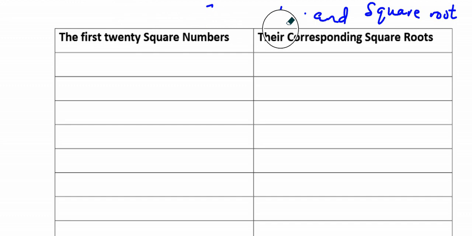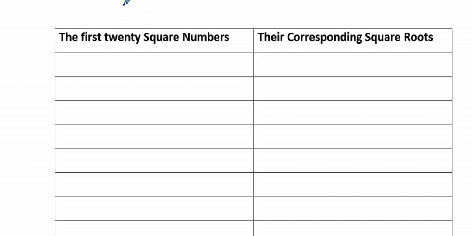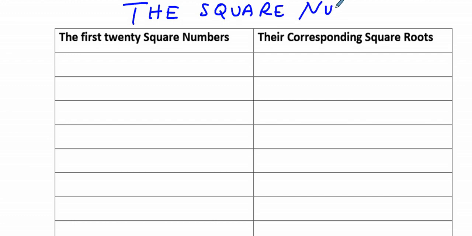On this page, we will be talking about how to find the square numbers and their square roots. Okay, in this column over here, they are talking about the first 20 square numbers.